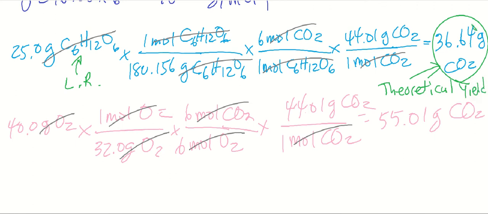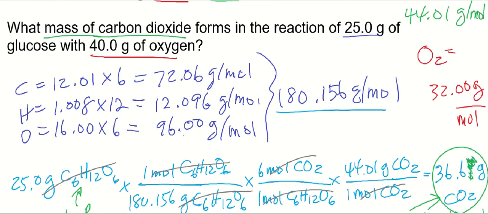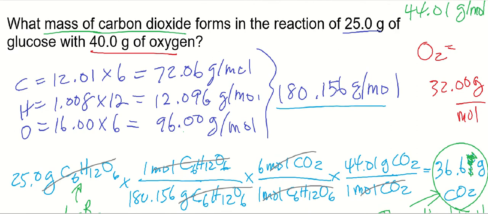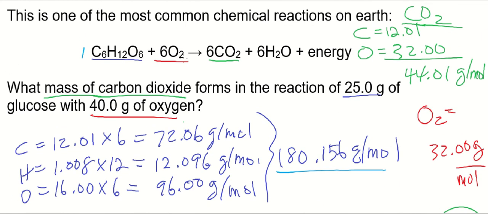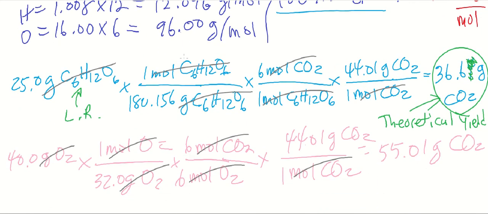Okay, and then now we can trim it down to 3 sig figs. That's our final answer, because it's asking us what is the mass of carbon dioxide, and that is it. And by the way, you're going to have leftover O2, so that's known as your excess reagent.